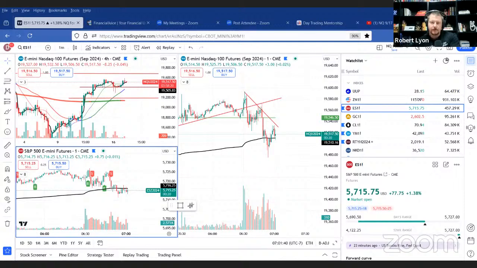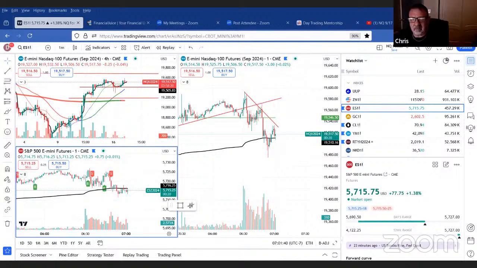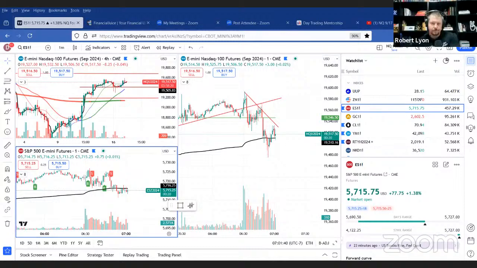Because this could also be the bottom of a move, and we're going to continue to the upside now. Yeah, I'm going to get taken out here, basically. Taken out.